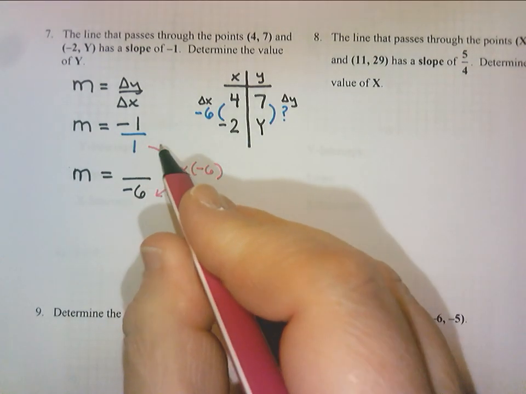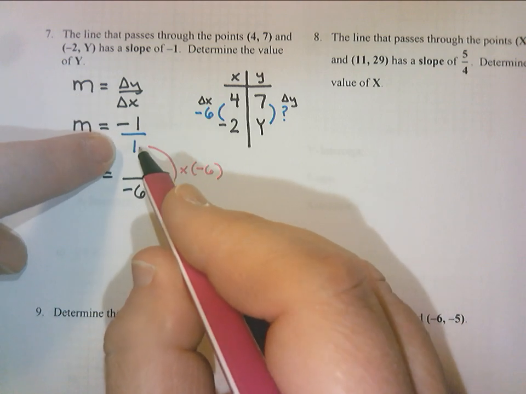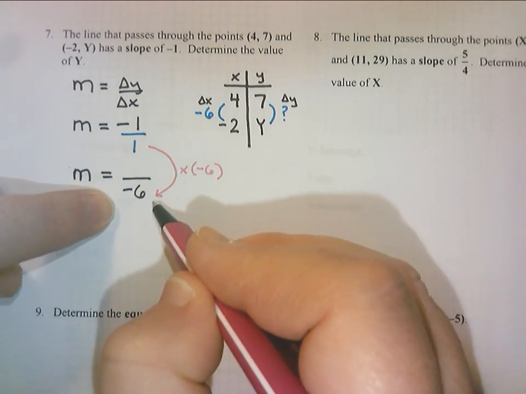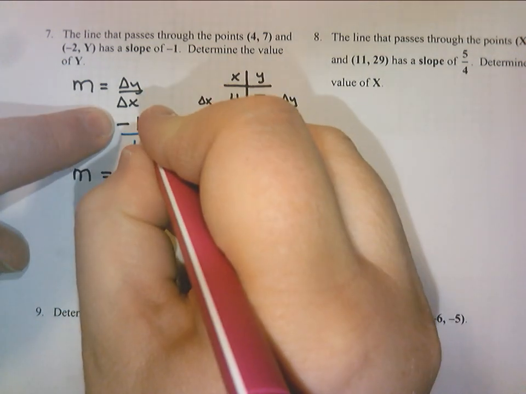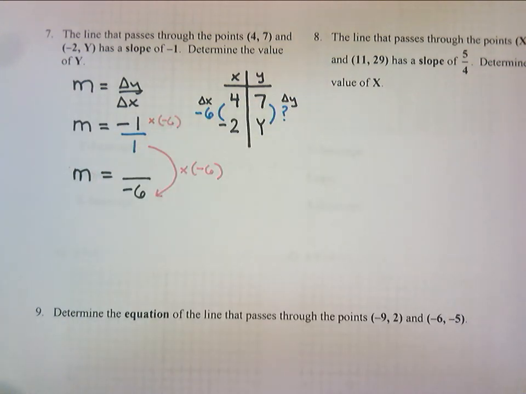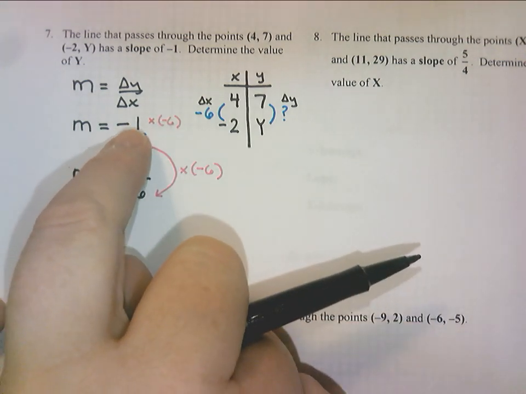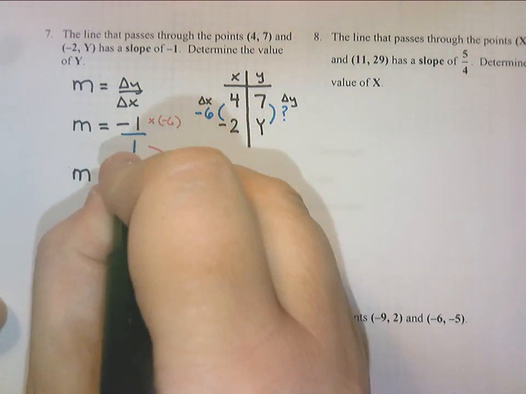Whatever you do to the bottom to make an equivalent fraction, we also do to the top. So if I multiplied the bottom by negative 6, I'm also going to multiply the top by negative 6. Negative 1 times negative 6, a negative times a negative makes a positive, and 1 times 6 is 6.